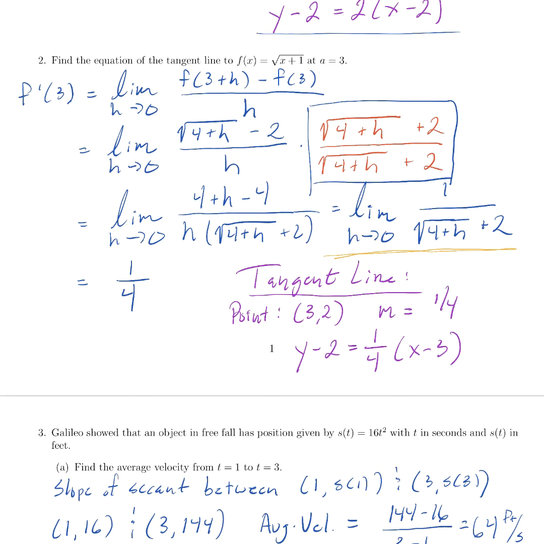Now we can evaluate that limit, because when we plug in 0, there is no 0 in the denominator, and so that limit becomes 1/4. And that, again, that 1/4 is the derivative at 3, which is also the slope of our tangent line. And the point that tangent line goes through is the point 3, comma the output of the function at 3. Well, 3 plus 1 is 4, square root is 2. So there's the point, and then the point slope form, again, of the tangent line.